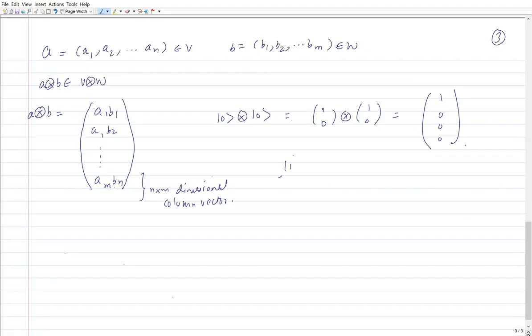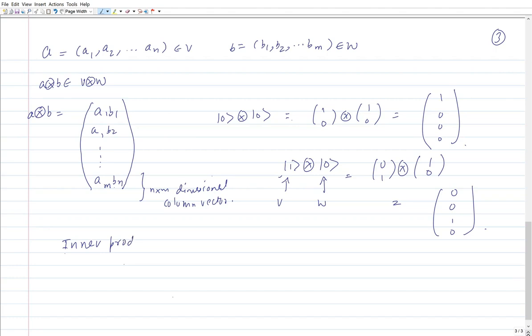Similarly, if I have one tensor 0, 1 belongs to V, this vector belongs to W, so I'll have, and that will be given by, one can also define an inner product on the tensor product vector space, and that's rather easy.